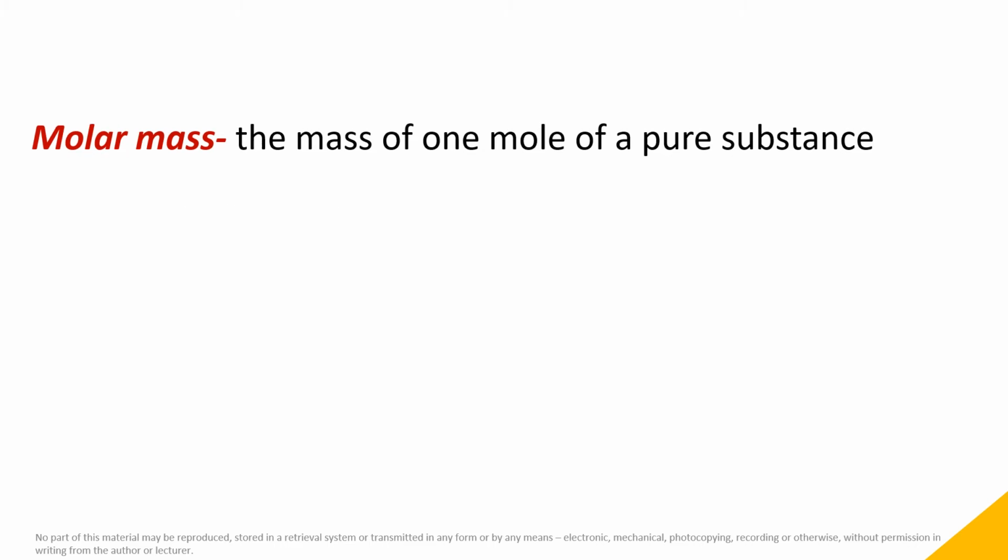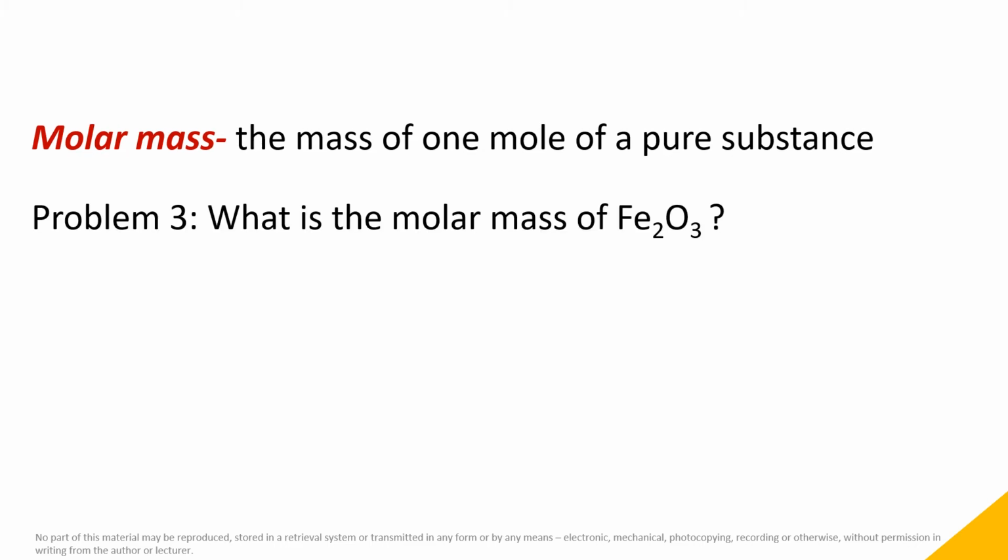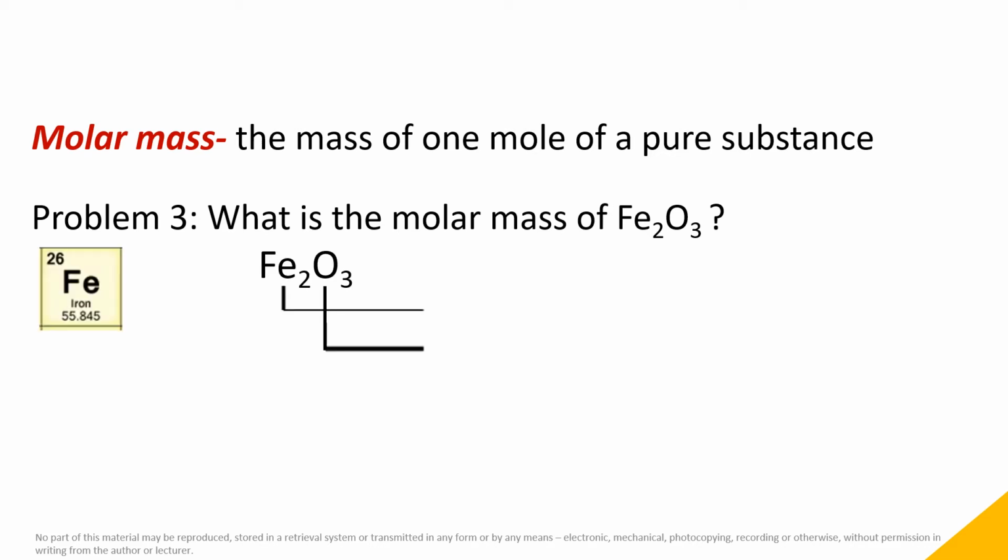So let's have sample problem number 3. What is the molar mass of ferric oxide? Again, we're going to look at our periodic table and look for the atomic weight of iron and oxygen. For iron, we have 55.845. And for oxygen, we have 15.999.